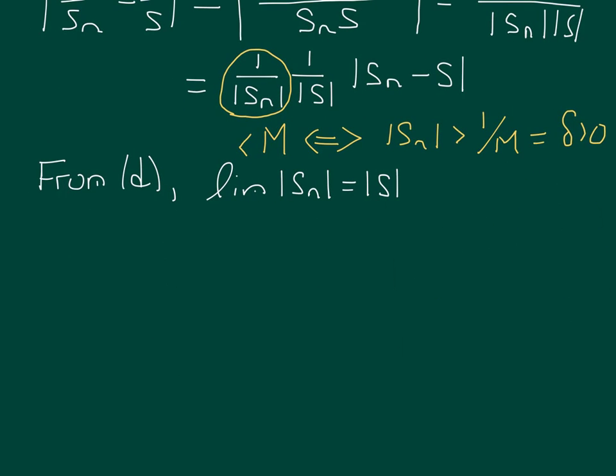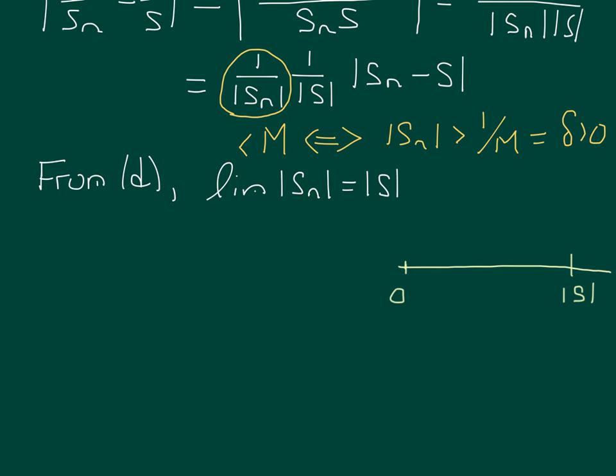So let's draw a little picture here. Say this is 0, and this is the absolute value of S over here. Because the absolute value of S sub n is getting as close as we like to this absolute value of S, we should be able to make the absolute value of S sub n bigger than some delta for large enough n.